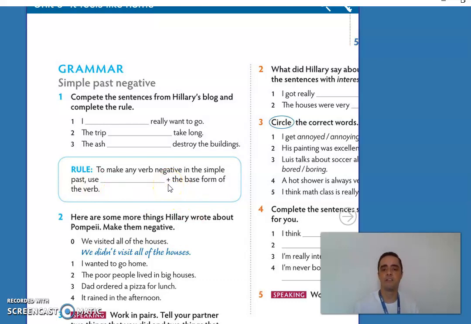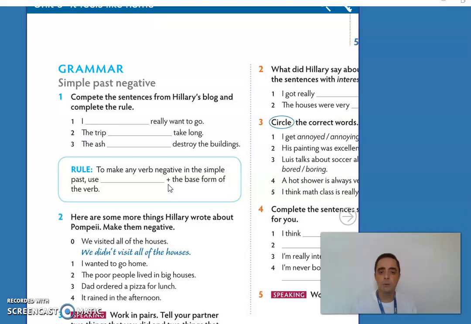So, when we have affirmative, like for example, I played video games yesterday. I put the verb play with ed, I played. Then, when you put this sentence in the negative, I'm going to use didn't and the verb in the original form, in the base form. So you say, I didn't play video games yesterday.